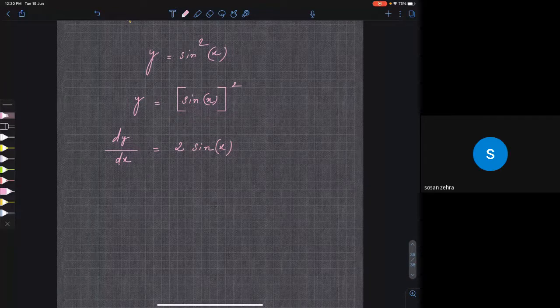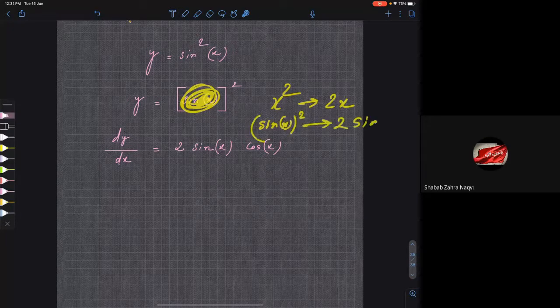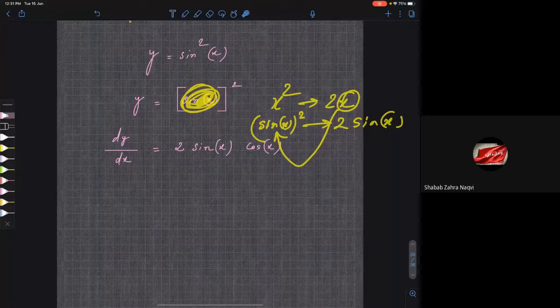In place of x, we had sin x, so the derivative of sin x is cos x by the chain rule. So sine x whole squared, you write as 2 sine x, but in place of x you have sin x, so by the chain rule you have to multiply by cos x.